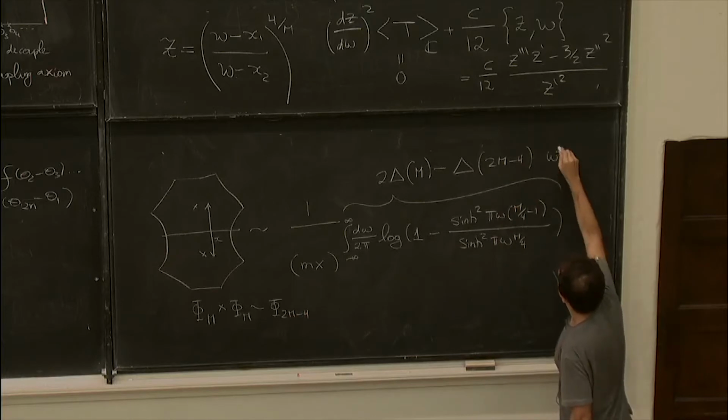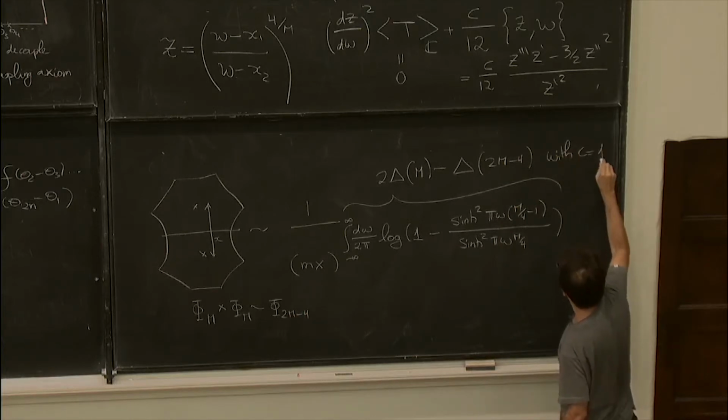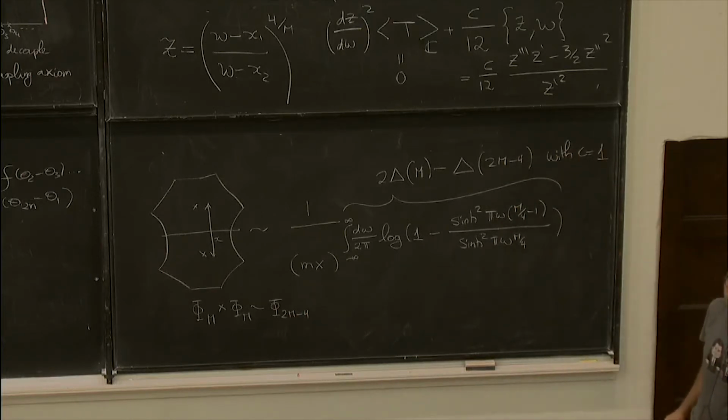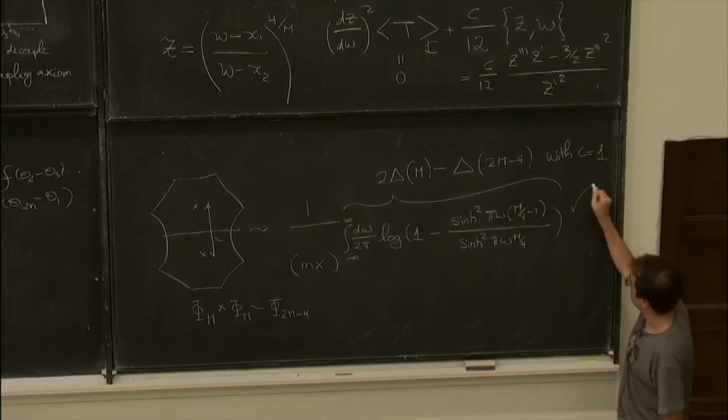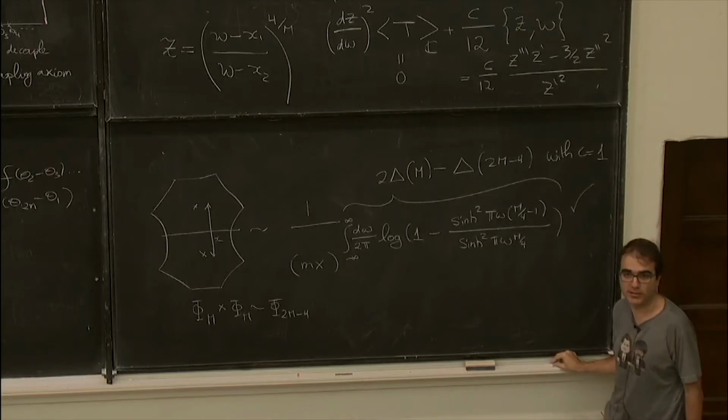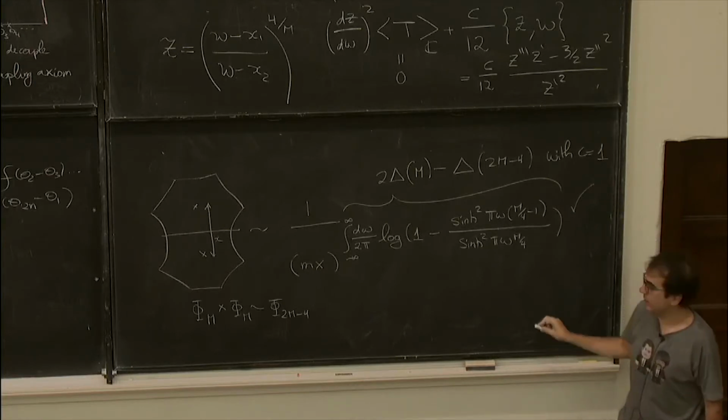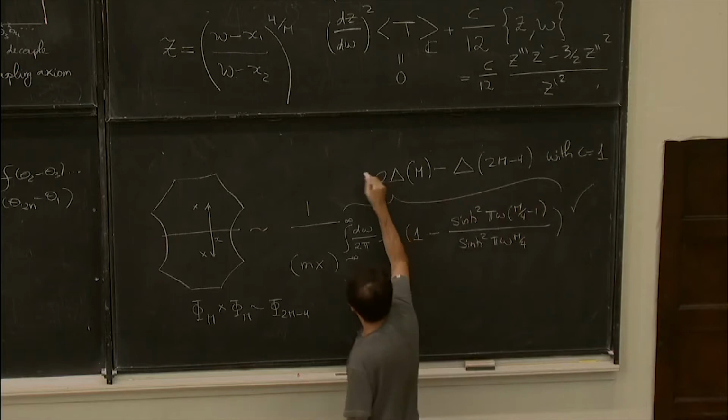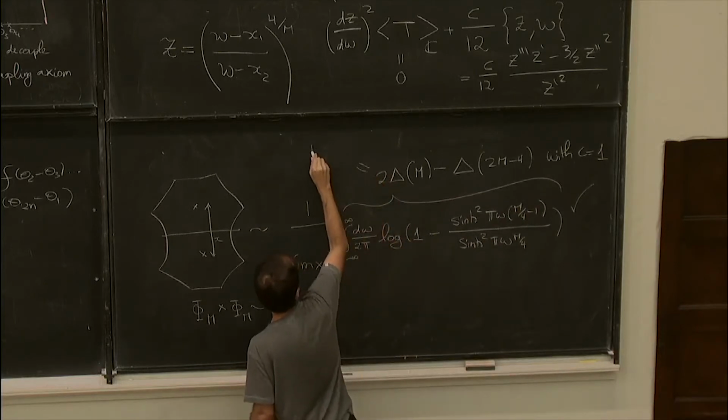With, it's a free boson, central charge equal to 1. Okay? So it's some rational function of m that you compute, and then yes, it works beautifully, and it's exactly what this integral gives. So this integral is indeed equal to this expression, which is something like m minus 4.